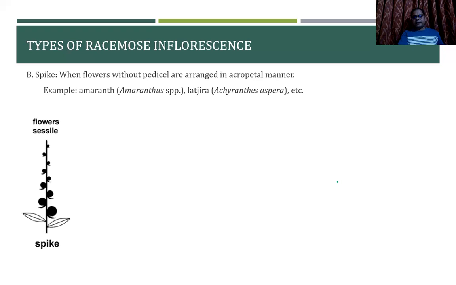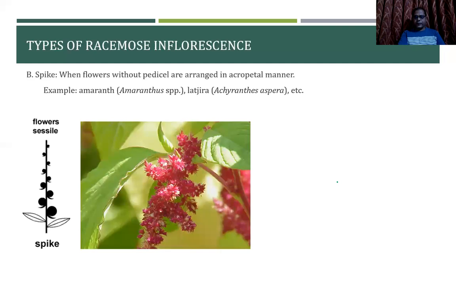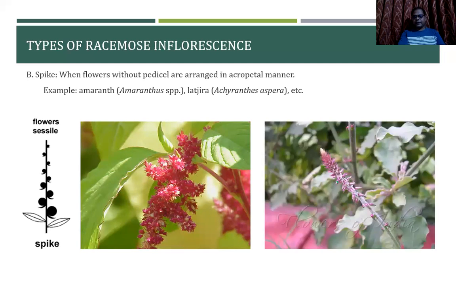What is happening here is the flowers are sessile. Raceme, when it loses its pedicel, becomes the spike inflorescence. If you remember these steps, it will be easy for you to remember the type of inflorescence. This is the flower of Amaranthus, and this is the flower of Acanthus.